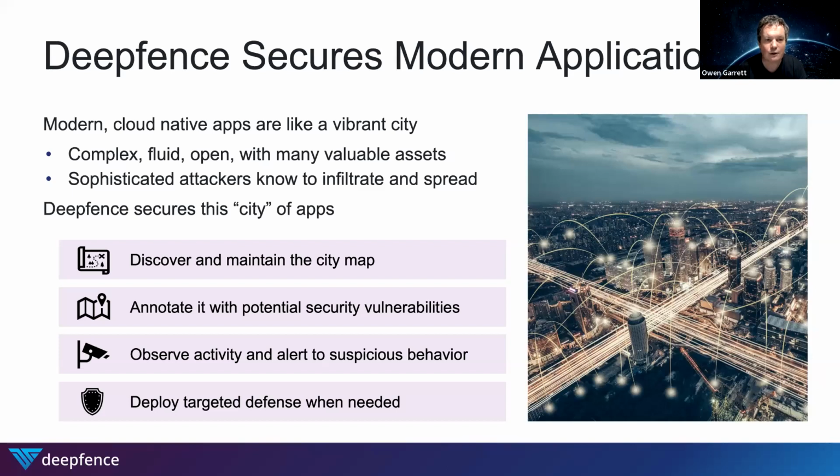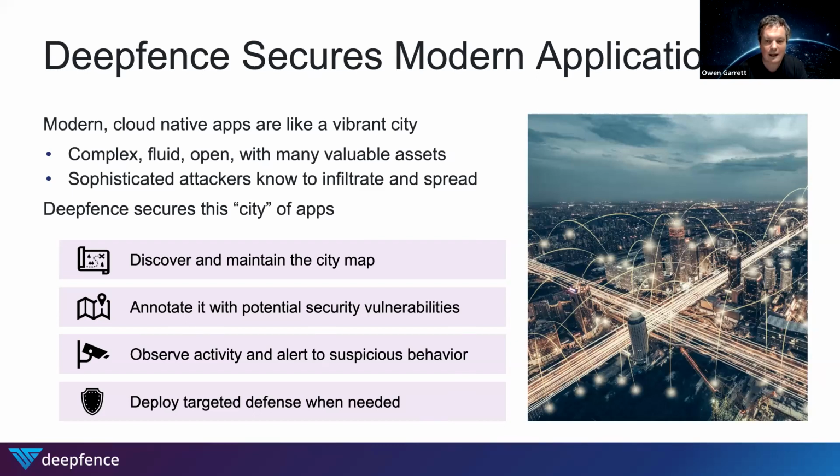But that on its own is just a static view and provides far too many things that you need to be able to identify and secure. We can rank it, but we can also observe what's happening within the city. We can see attackers roaming through the city, looking for vulnerable components, sending recon traffic against different targets, and we can alert to suspicious behavior.